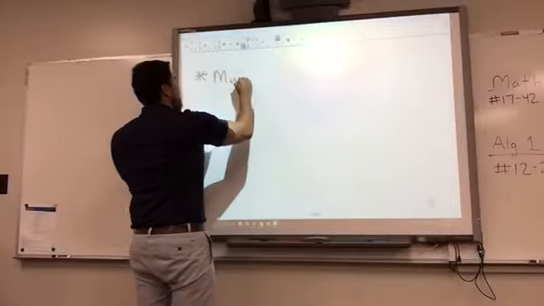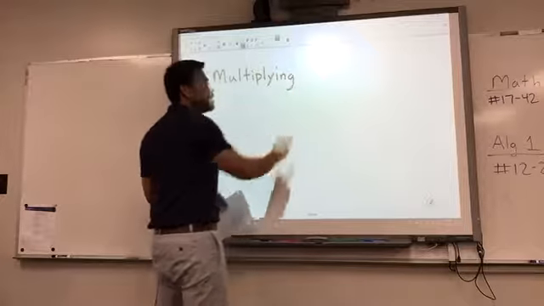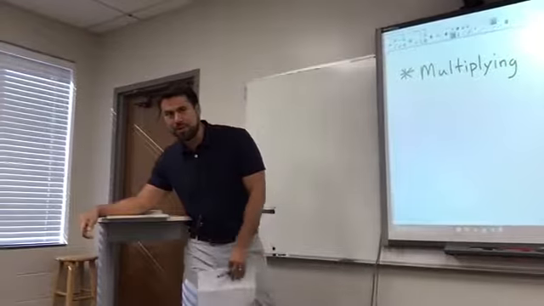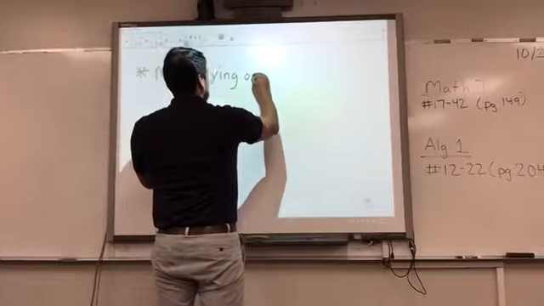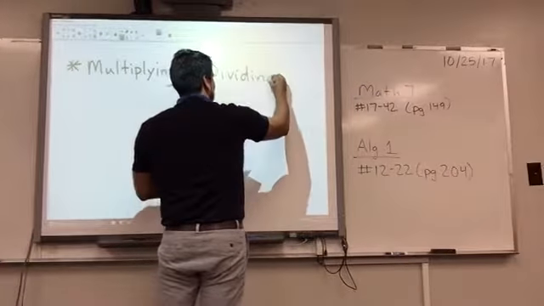So the last 2 examples that you did on your own, you were multiplying or dividing both sides by a positive number. What do you think we're going to do in these examples, Sophie? Multiply or divide by a negative. By a negative number, and that changes everything.